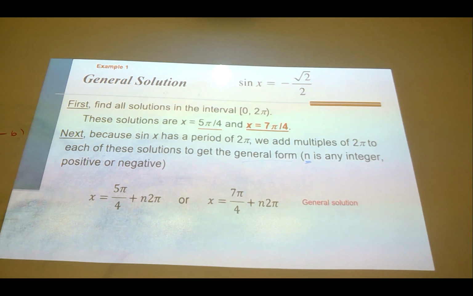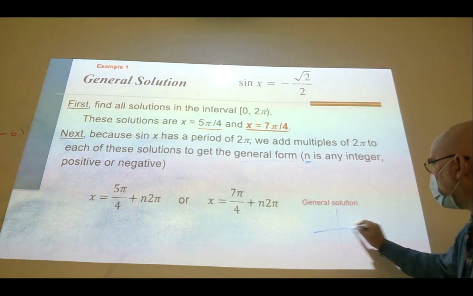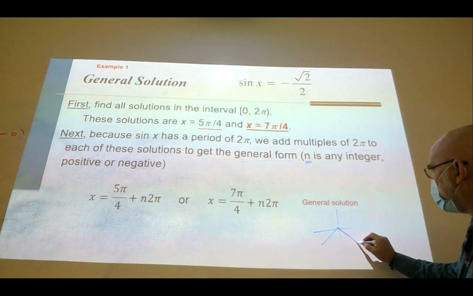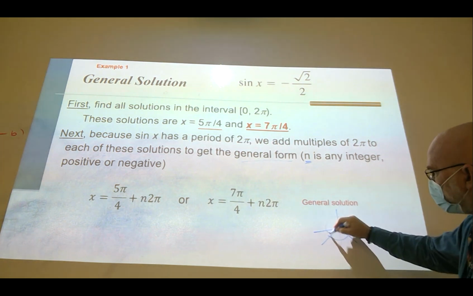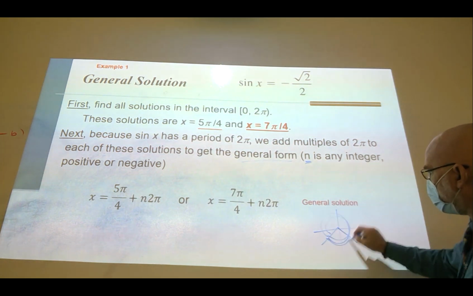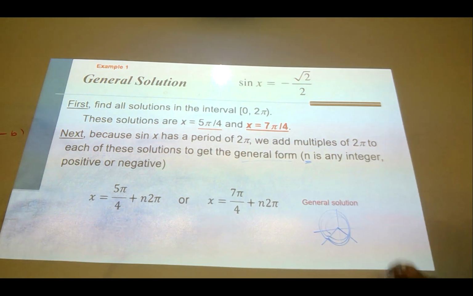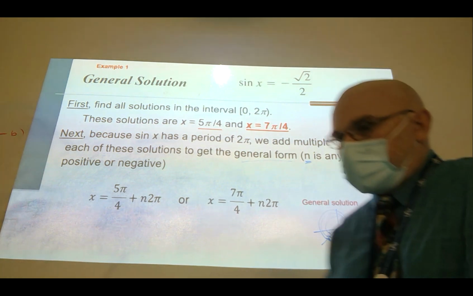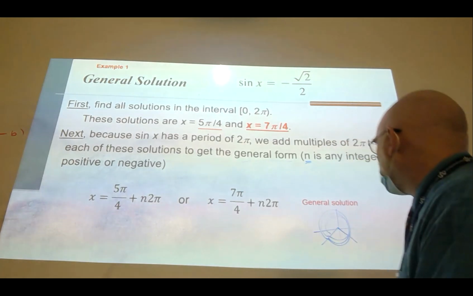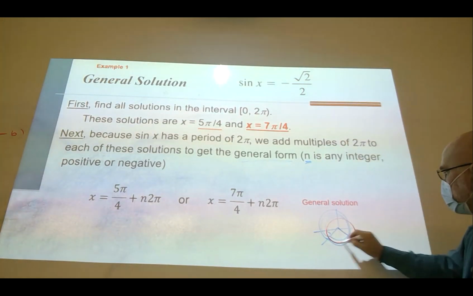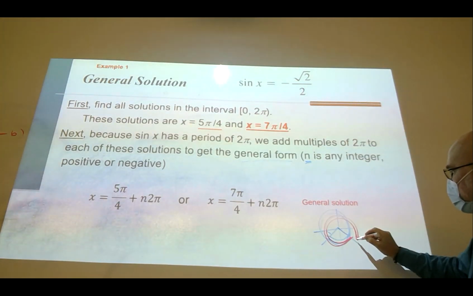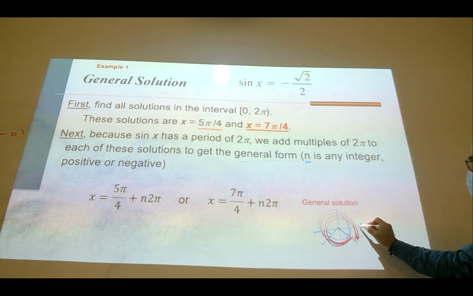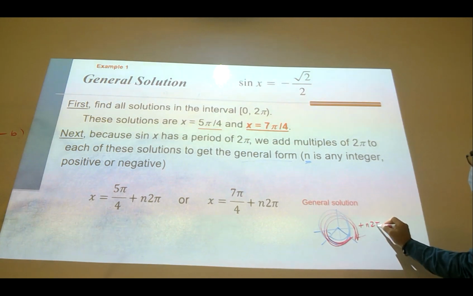So it means that when I have my unit circle, and here is 5 pi over 4, and here's 7 pi over 4, I can go around the circle as many times as I want. I'm still back there. Same thing with 7 pi over 4. I can go around the circle as many times as I want, and I'm still back to where I am. So that's plus n number of 2 pi.